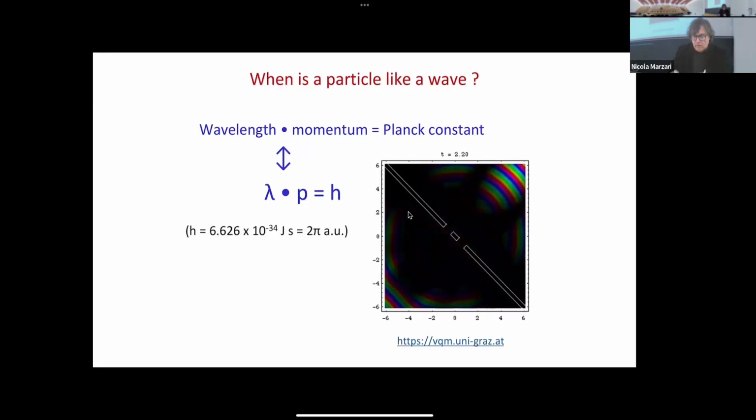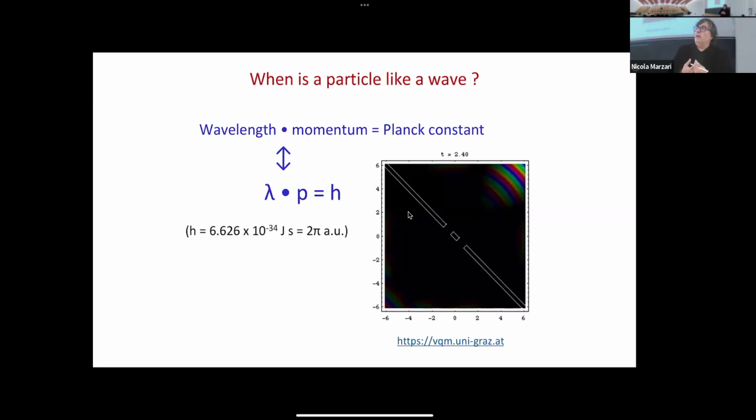The two openings act almost as point-like sources, and the wave after the opening shows a diffraction pattern between these two sources. That's why quantum mechanics is computationally complex: you don't have to study point-like objects anymore, but waves and how they evolve.